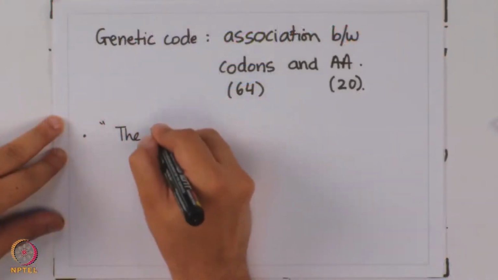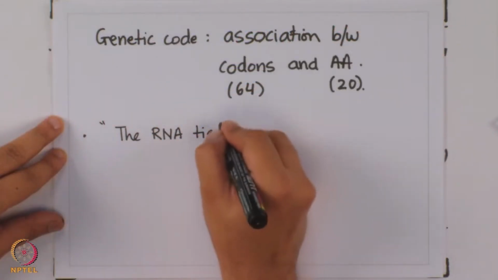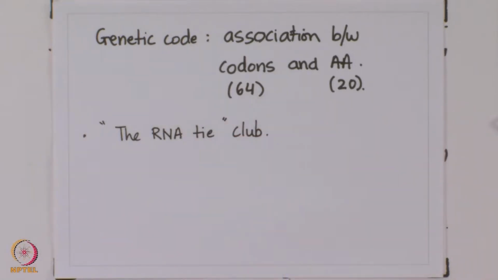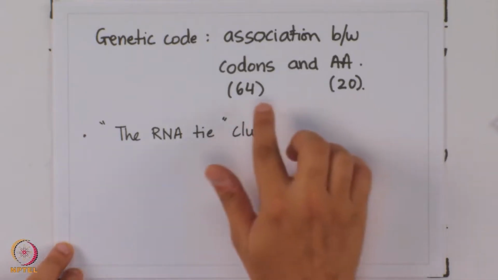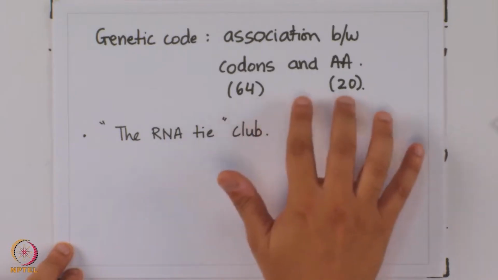Watson and Crick, particularly Crick, after their DNA structure paper in 1953, were working on this problem, and they formed a very well known club called the RNA Tie Club. This was formed in the 50s and tried to decipher the relationship between 64 and 20. How does a number 64, which is much bigger than 20, correspond to 20 amino acids?